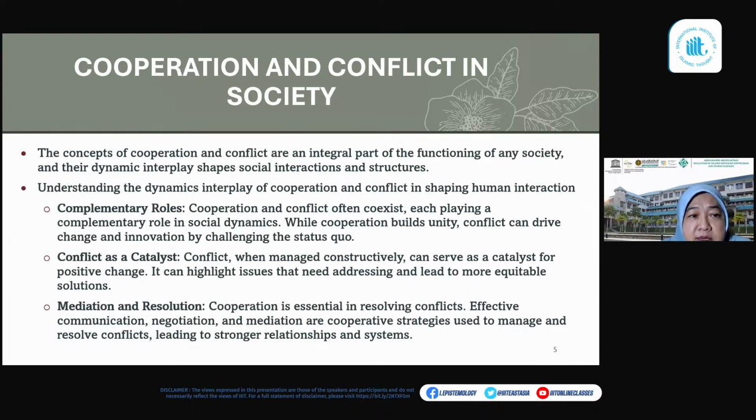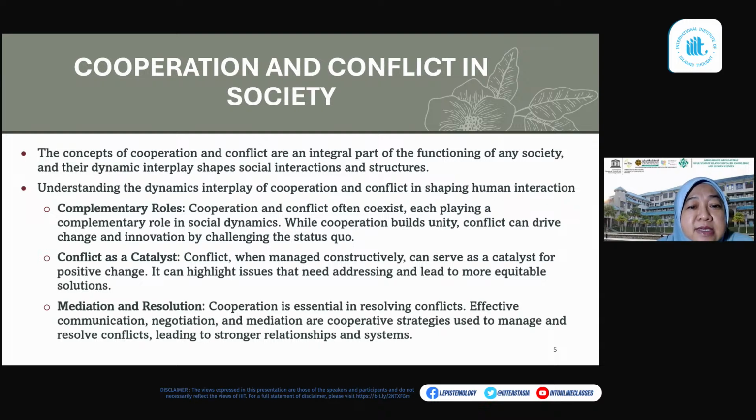Now, between conflict and cooperation, there is always a dynamic interplay between the two, because both are actually part of the functioning of any society. Understanding the dynamic interplay helps us to shape our human interaction. We don't live alone.